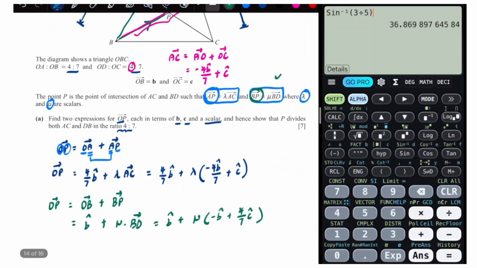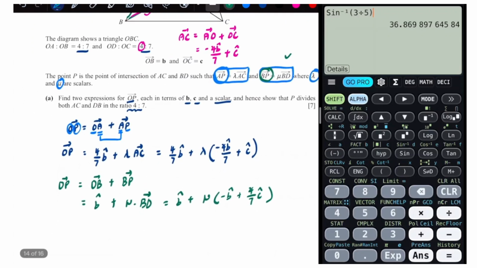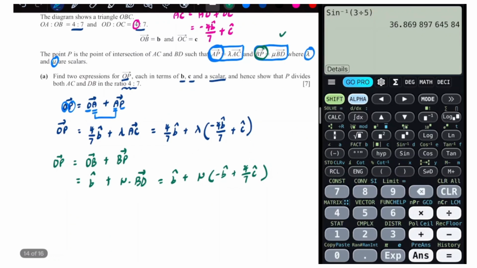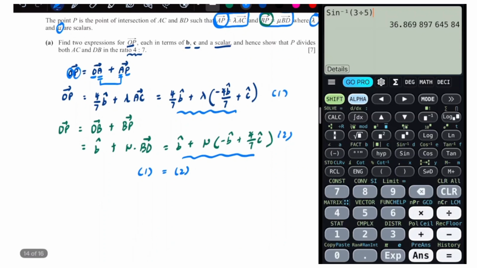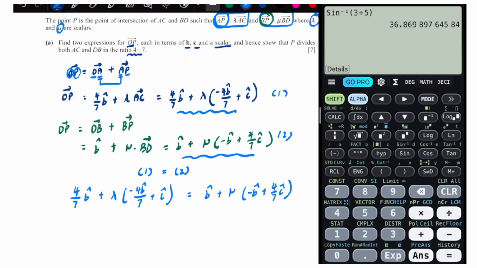So we have two expressions for OP now, hence we have to use both to find the unknowns. You just relate this: the first one is equal to the second one. Just equate them together since they're both OP. 4 over 7 B plus lambda times (minus 4 over 7 B plus C) is equal to B plus mu times (minus B plus 4 over 7 C).